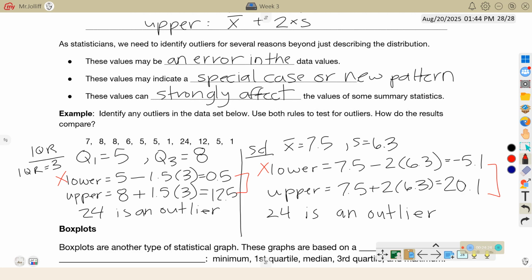We knew there was a point way out there that's going to throw our data off, and these are not resistant. So having that 24 in the data set made this gap a lot wider, because both the mean and standard deviation were heavily influenced by it. So if you suspect that there is an outlier, if you see something in your graph that looks funny, 9 times out of 10, this is the test you will use.